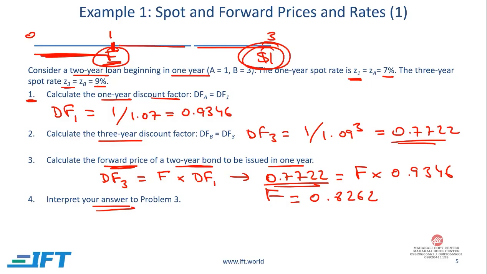An alternative strategy is that somebody gets $1 over here, then based on the forward rate, the present value is F, that is this number, and the present value of that F at time 0 should be the same as DF3. So that is what we have essentially done with this formula. And based on that formula, we then get the value of F.